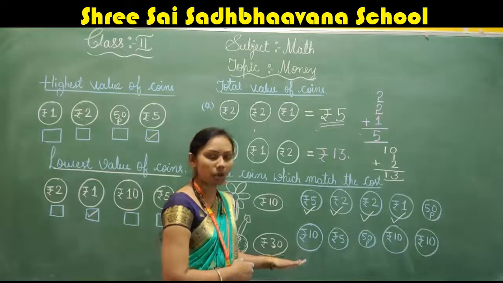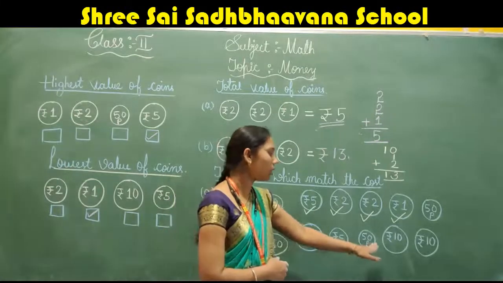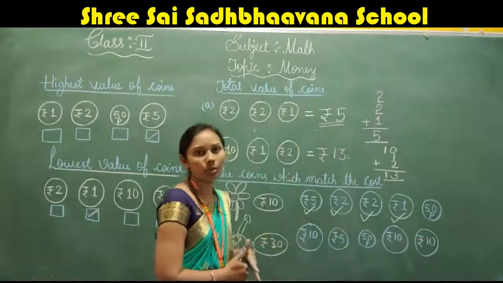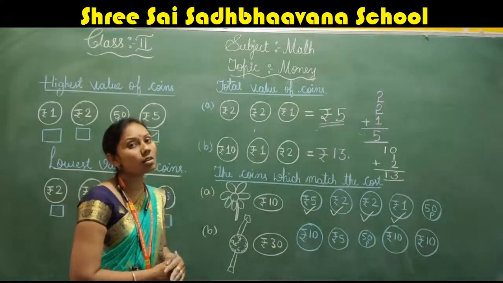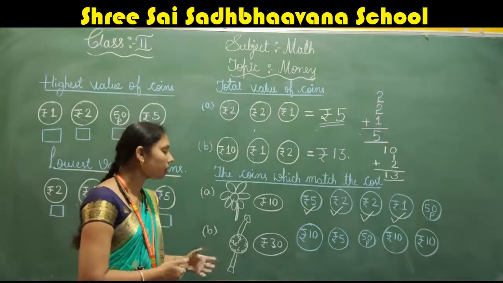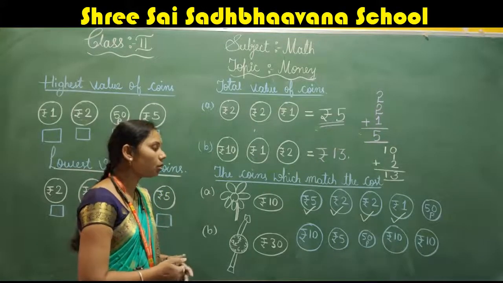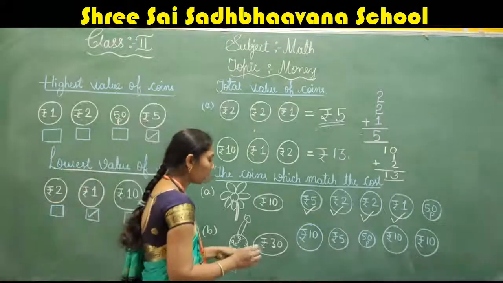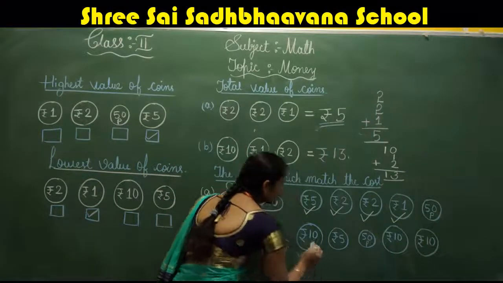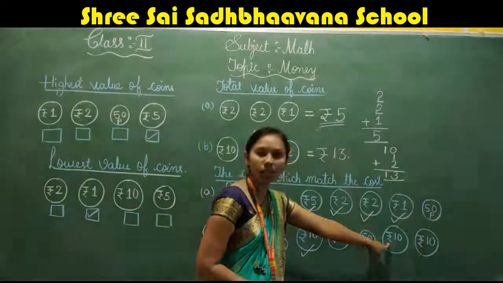Another 10 rupee coin is there. So the coins you have are 10 rupee coin, 5 rupee coin, 50 paisa coin, 10 rupee coin, 10 rupee coin. So what is the value of that watch? 30 rupees. So first you are going to give the shopkeeper 10 rupees. Okay, here one more 10 rupees is there.